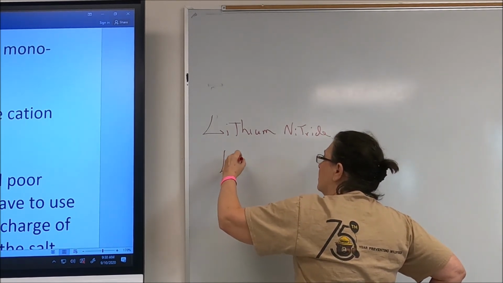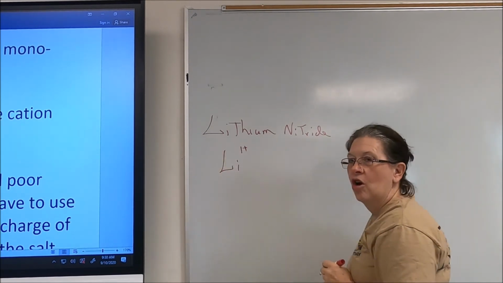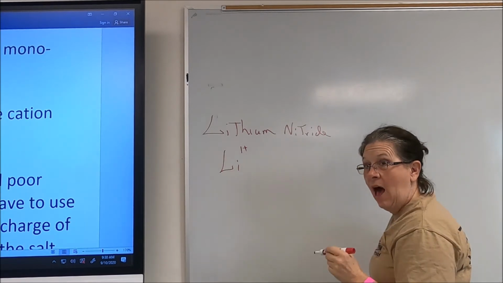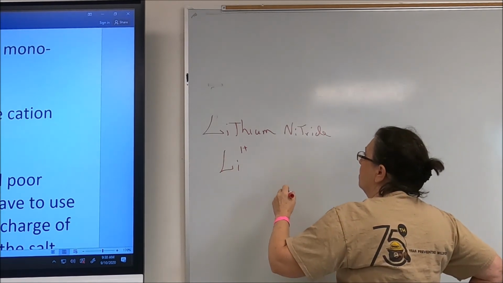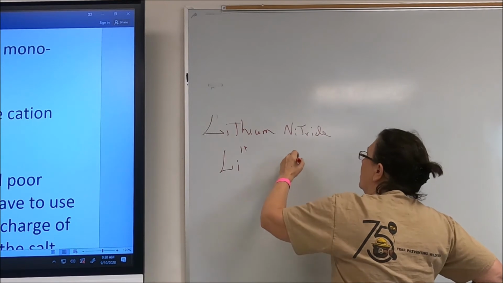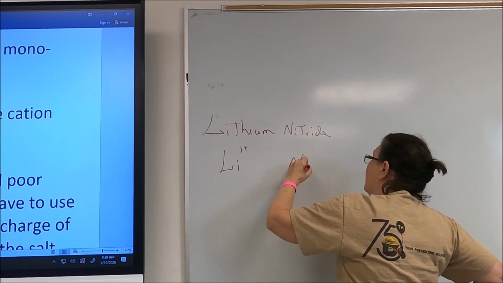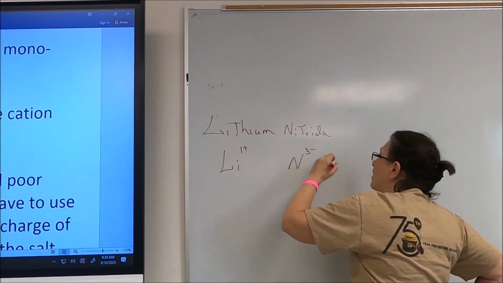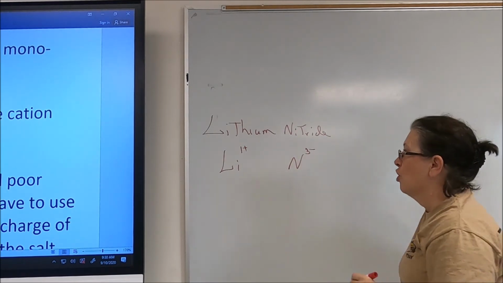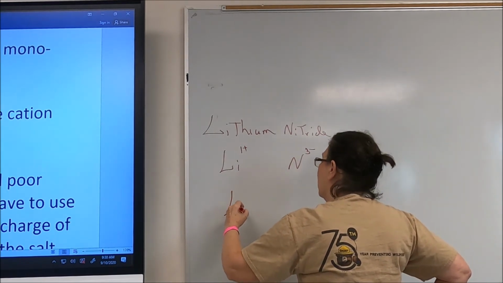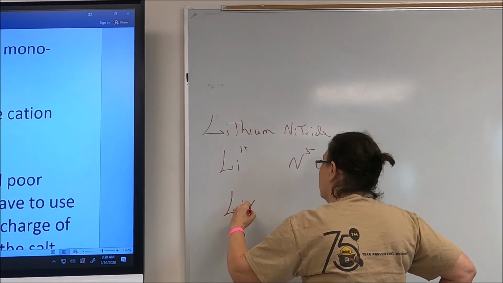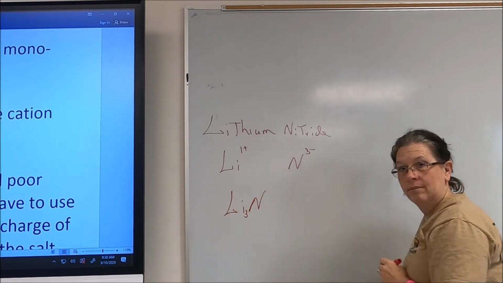Lithium has a 1+ charge. It's in the very first family, the alkali family, alkali metals. The nitride, it's nitrogen, okay? It's going to have a 3- charge. So I get Li3N.